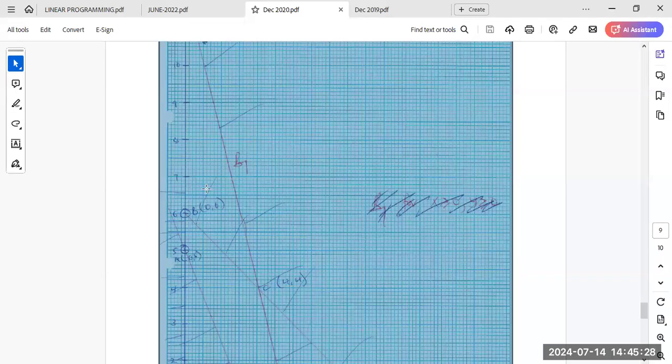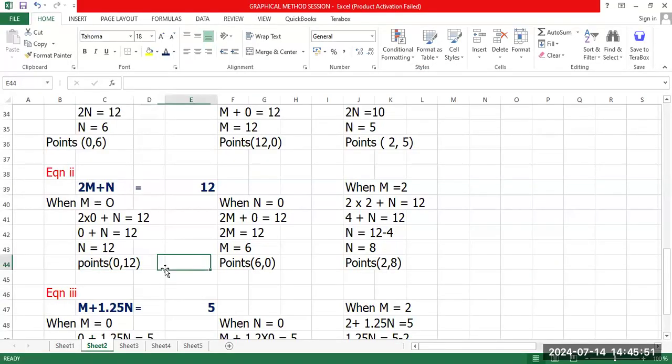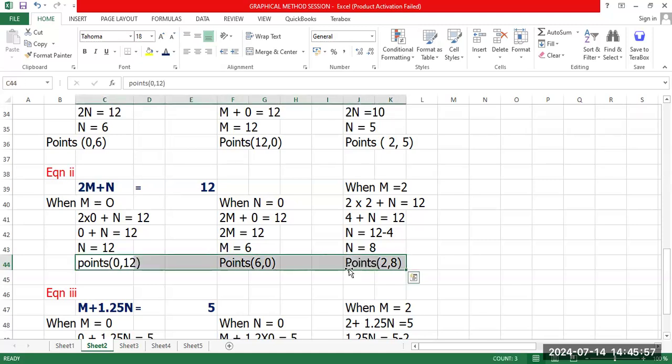So you will find that your line is straight. Those who have used the 3 points, is your line straight? Yes, it is a straight line. Have you used the 3 points? Yeah, I've used 3 points.